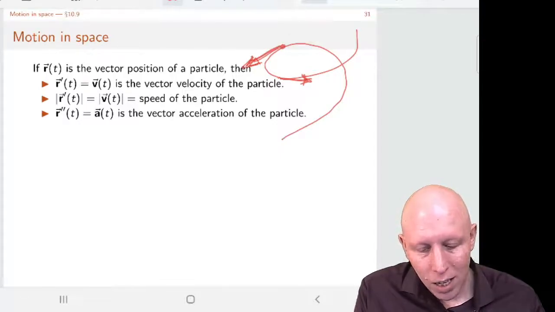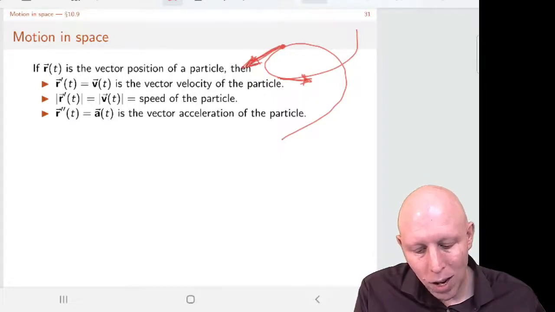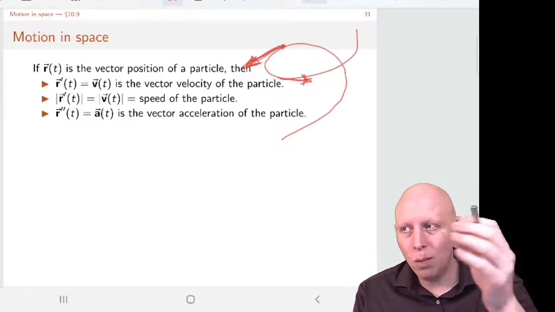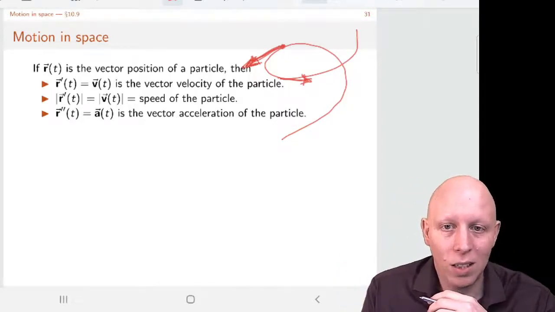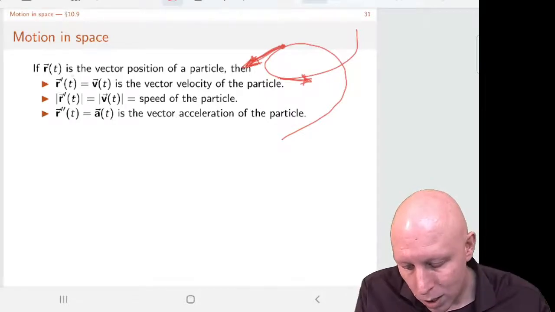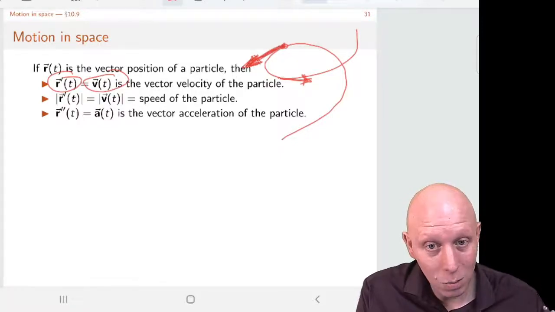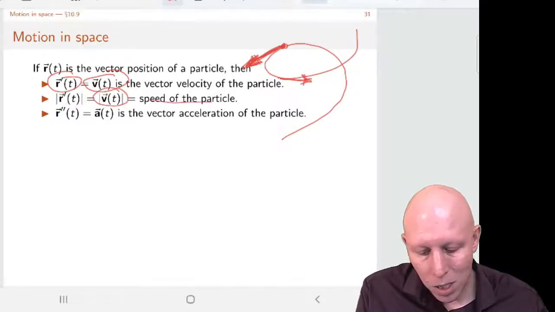If no more forces were acting on you in space, which direction would you go after there? You would leave the track and just keep moving in that direction. That would be your vector velocity. So the derivative of r is the vector velocity, the direction in which you're going and the speed at which you're going. And indeed, the magnitude of that vector is the speed of your particle.